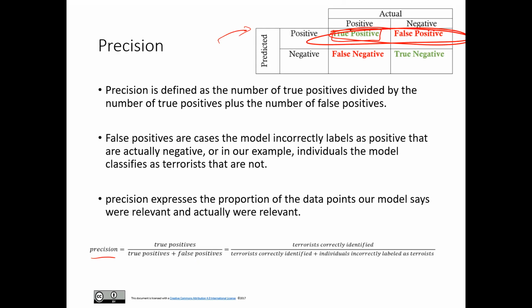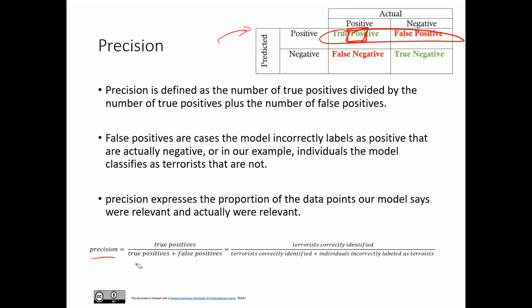So out of the rows, and then that portion, that's precision. That basically means out of all the ones we predicted, how many did we predict correctly. So the numerator is true positives, and the denominator is true positives plus false positives.